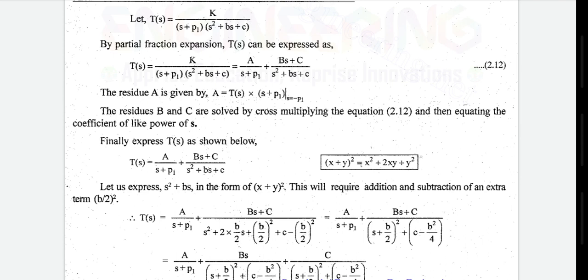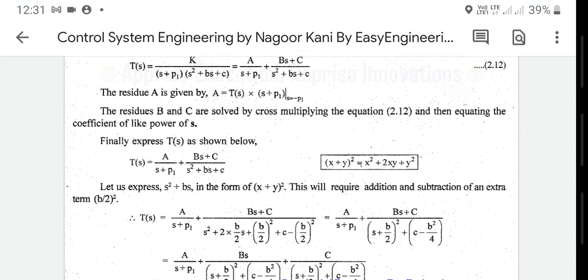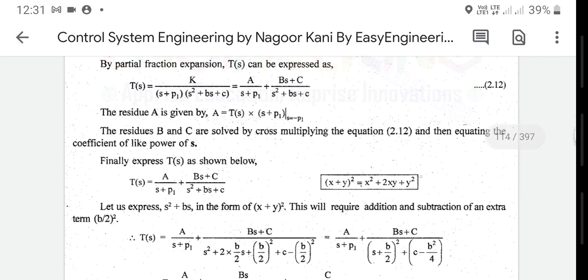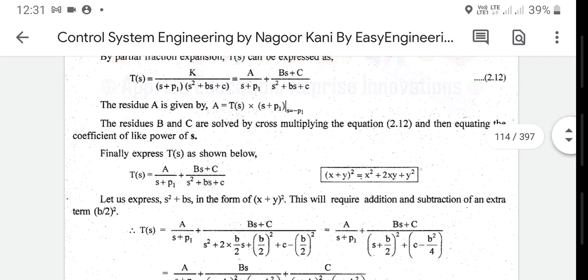All of you remember this one. If you have a quadratic in the denominator like this, you express the residue in the numerator as bs plus c. So how are you going to calculate these residue values a, b and c?